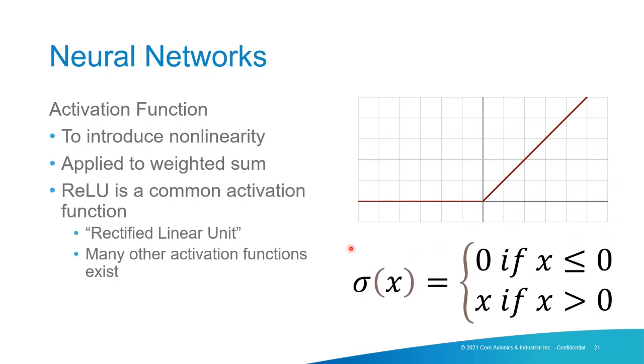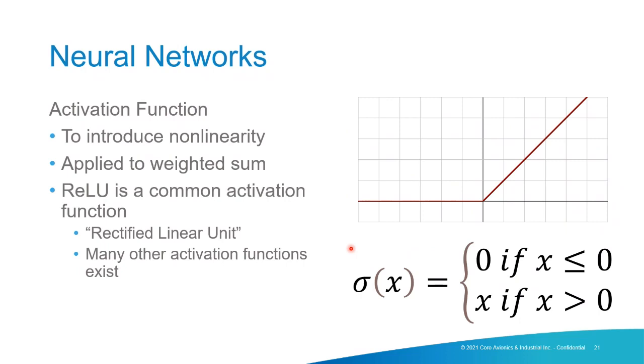The idea behind introducing nonlinearity is so that we can find patterns that are nonlinear. If we're only looking for linear patterns, it wouldn't make sense to use a neural network. There's much better systems and algorithms that exist to find patterns that can be represented linearly. So we need some method to introduce nonlinearity to the data that we're processing.